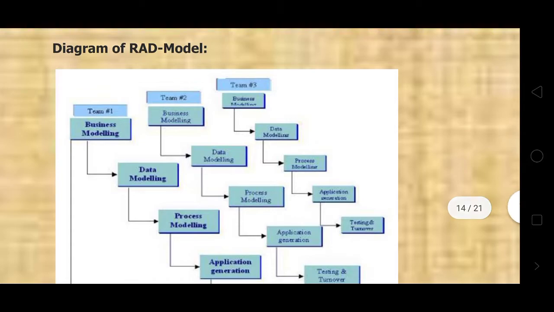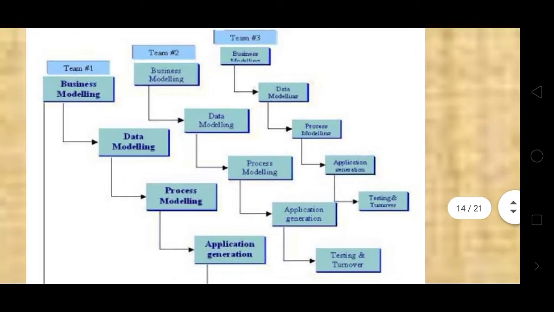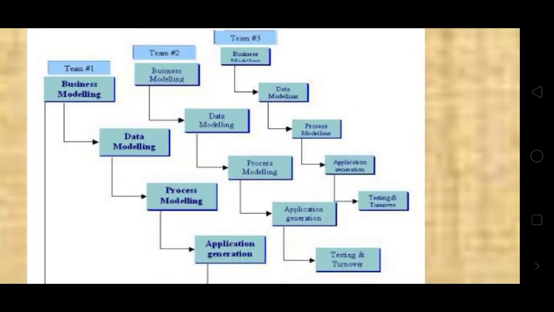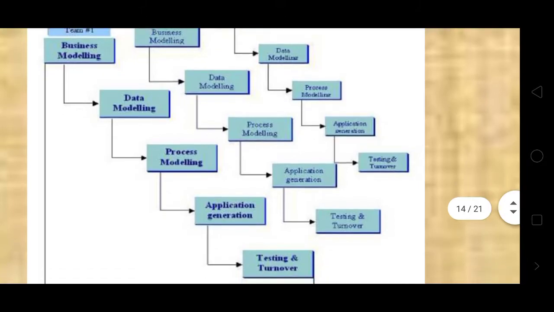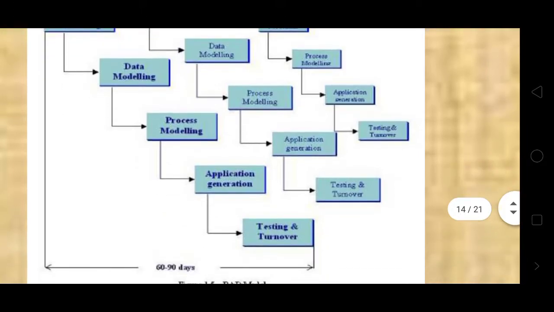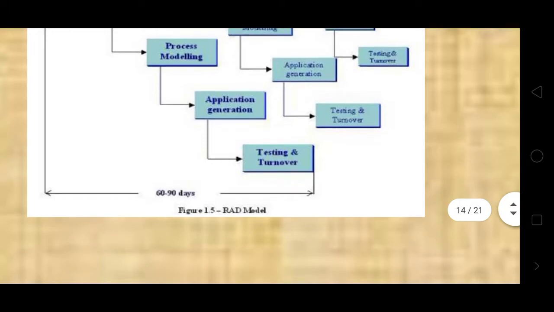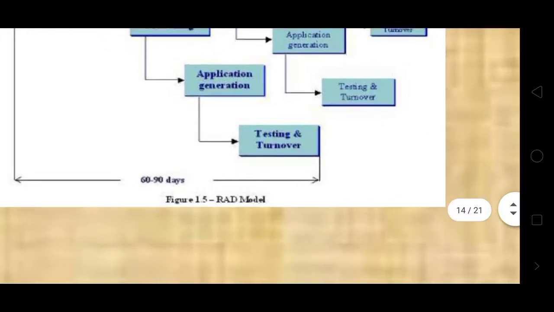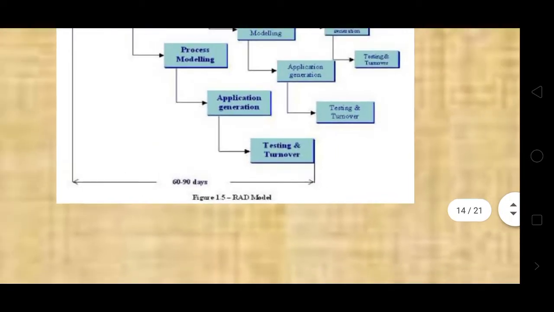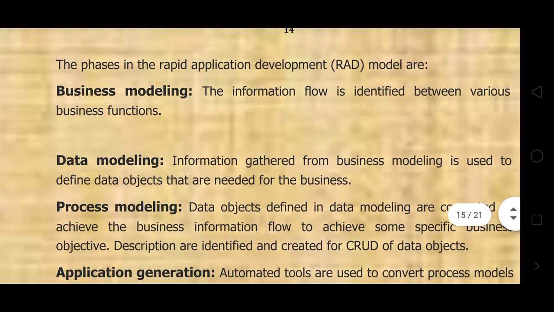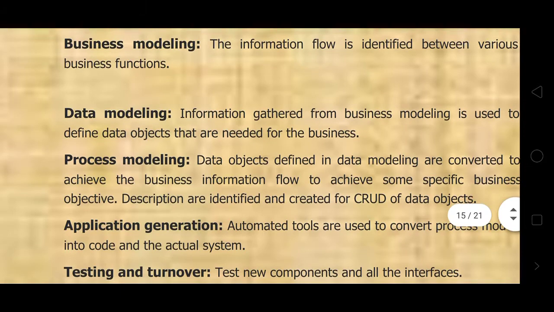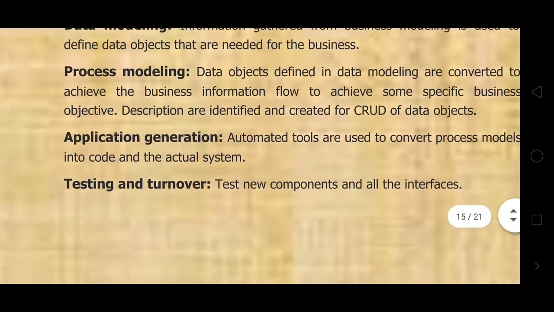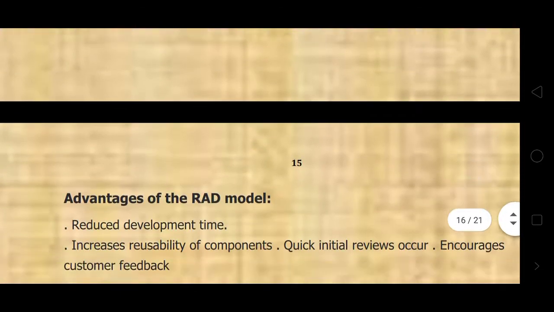We have a diagram for the RAD model: business modeling, data modeling, process modeling, application generation and testing, and turnover.